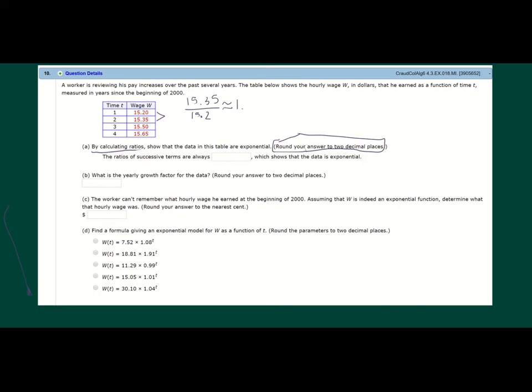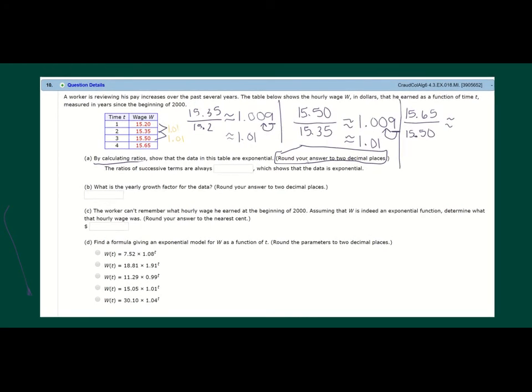I'm just going to look at the first 3 decimal places again. So when I divided 15.65 by 15.50, I got 1.009 again, which means that I need to round up my 2nd decimal place to 1.01. I'm going to add that back into my table, 1.01.